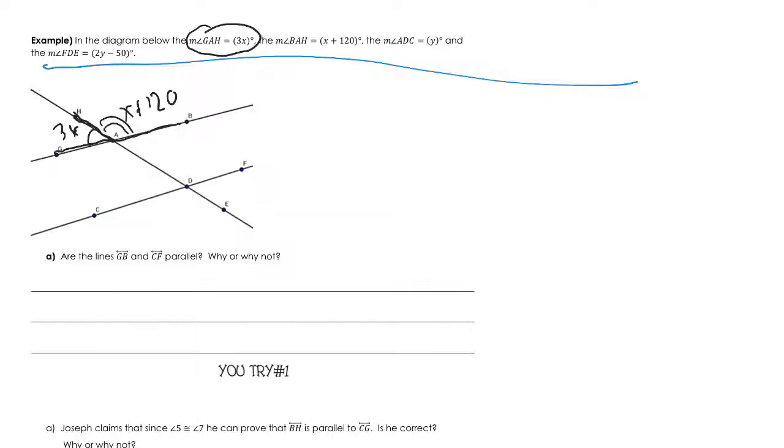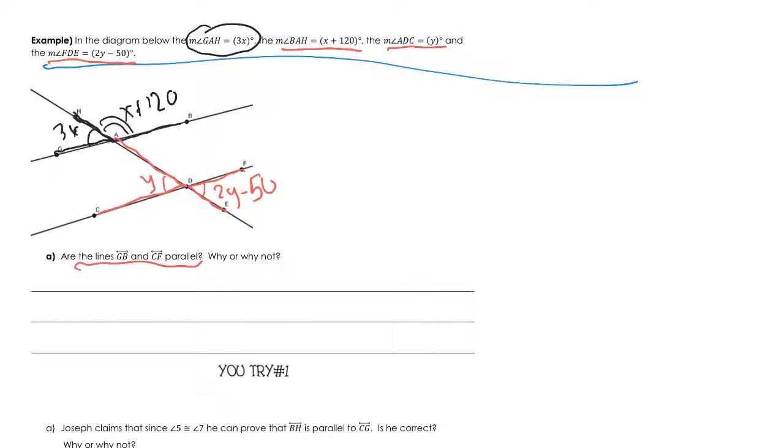Change colors here. ADC is y. And FDE is 2y minus 50, not 150.